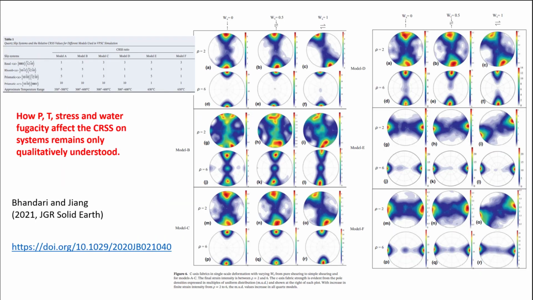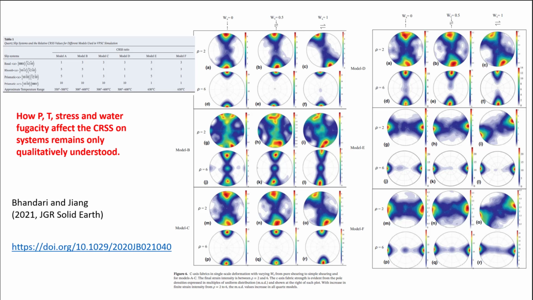The VPSC model has been widely used fairly successfully in materials science and earth sciences. A most recent application and development is by Bandari and Zhang. We modeled quartz LPO development in different flows from pure shear to simple shear, at low strain to high strain, for various models representing different combinations of critical resolved shear stress to represent different deformation temperature conditions.